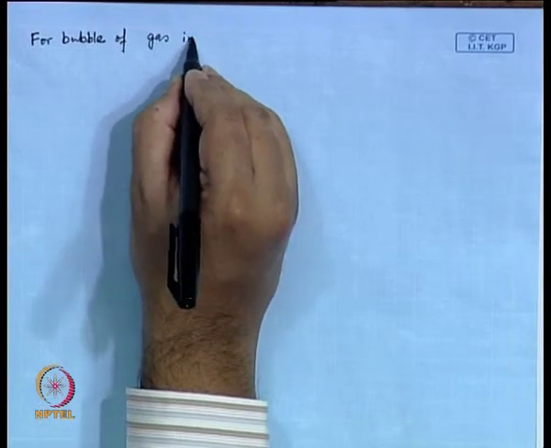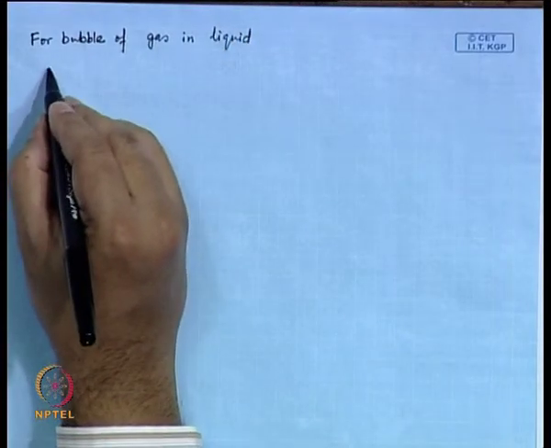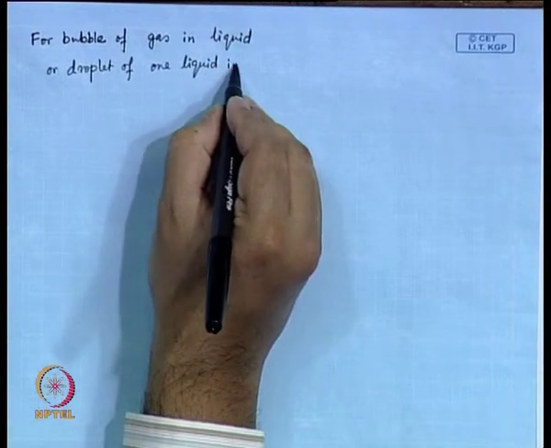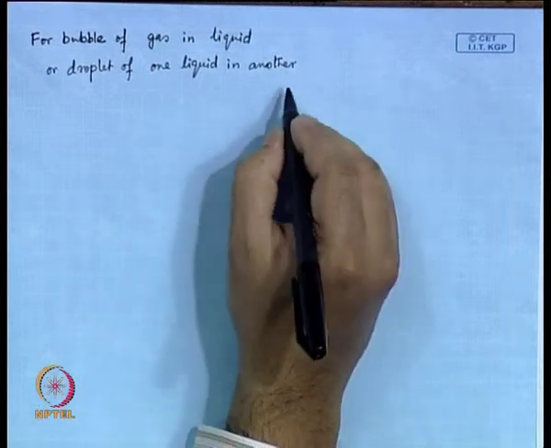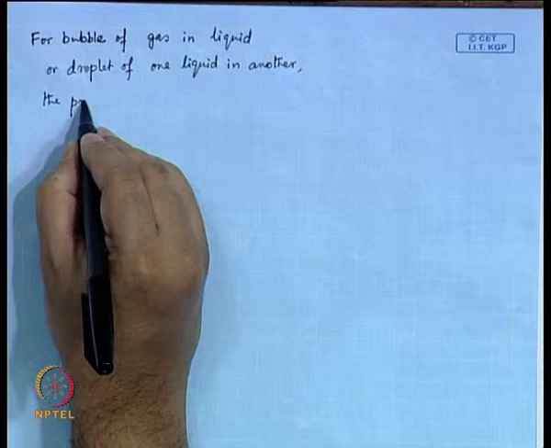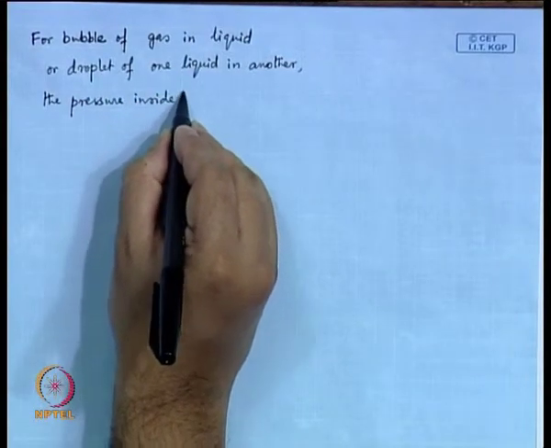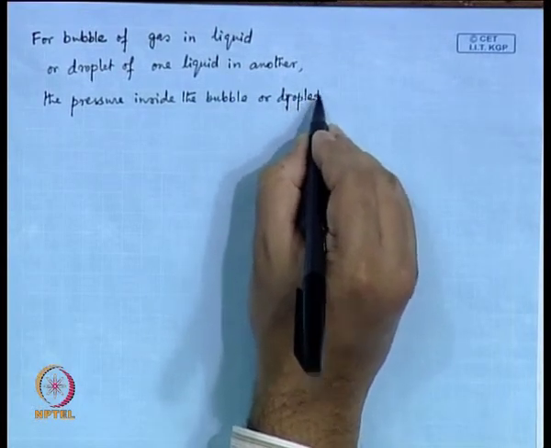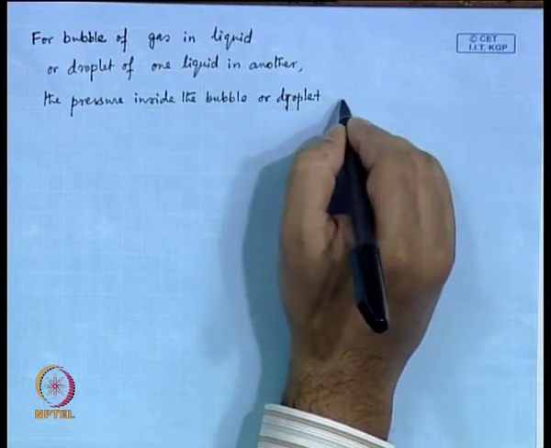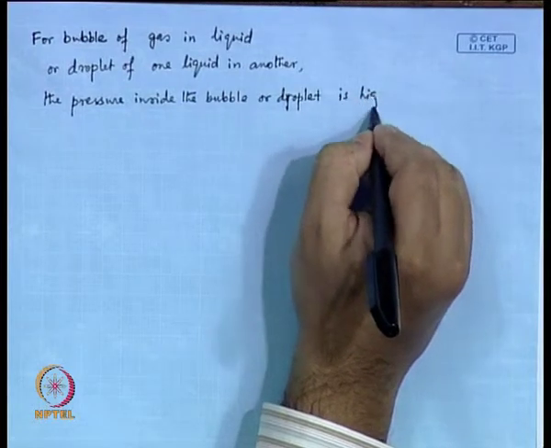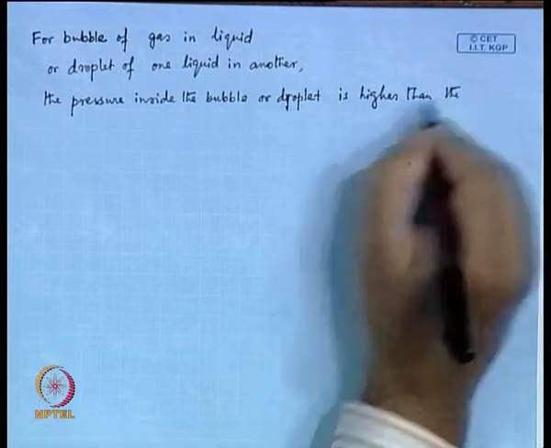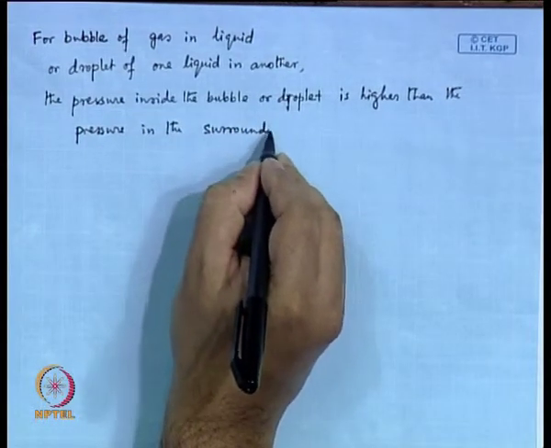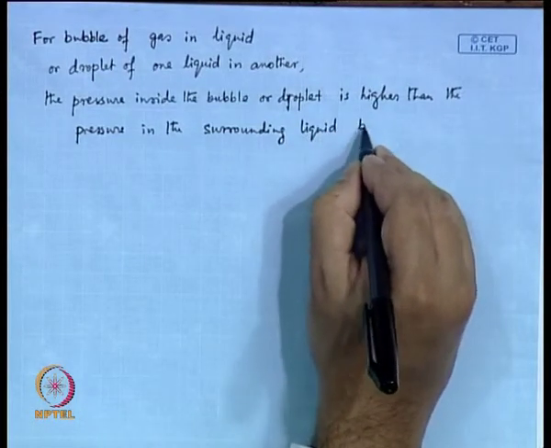For a bubble of gas in liquid, or a droplet of one liquid in another, the pressure inside the bubble or droplet is higher than the pressure in the surrounding liquid by PL.